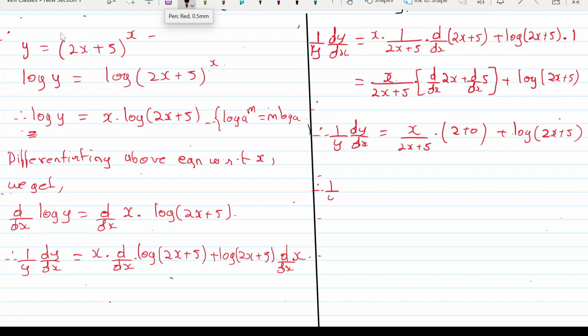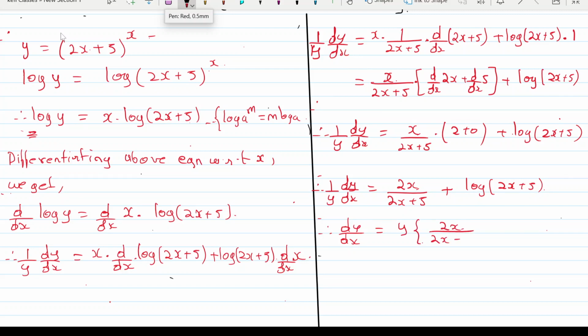Therefore 1 upon y dy by dx is equal to 2x upon 2x plus 5 plus log of 2x plus 5. And therefore dy by dx is equal to y into 2x upon 2x plus 5 plus log of 2x plus 5.